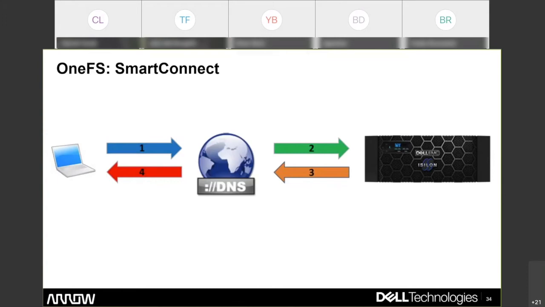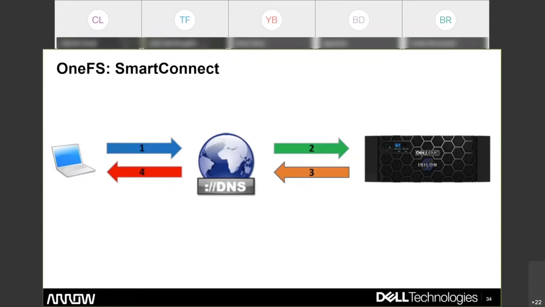So it says, I don't know where marketing.isilon is, but I know a guy. And so it's going to delegate that to the Smart Connect service IP address on the Isilon cluster. And basically what Smart Connect is doing here is that it's kind of a mini DNS for the cluster alone.